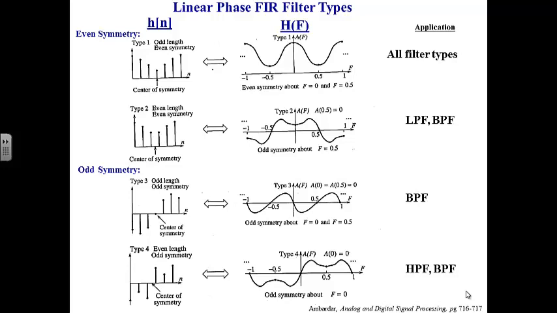And if I want to make my life easy, I'm only going to design this style, because I can make every single kind of filter with that, with the type 1, odd length, even symmetric unit sample response. And so that's usually how we design FIR filters, because those have less symmetry requirements imposed on them. And so we'll typically choose that style.